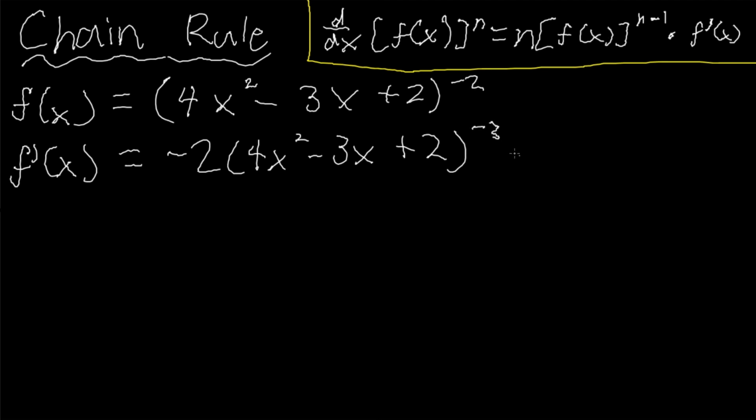Now that tricks a lot of people, so you always have to watch out for something like that. Times f prime of x, I keep messing up. So let's do f prime of x here, -3, and that's a constant, so 0.